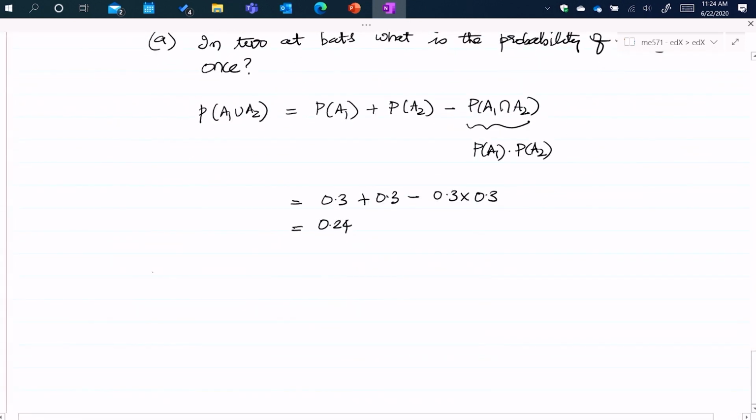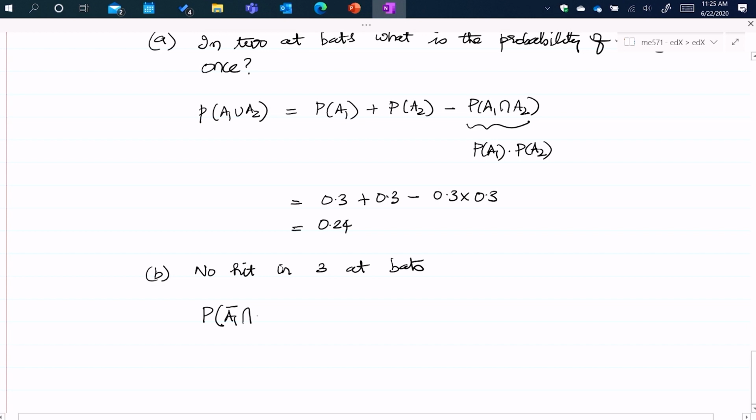So in question 2, what we seek is the probability of no hit in 3 at-bats. The way to mathematically state this is no hit in the first at-bat, which is A1 complement. A1 would be that he would hit in the first at-bat. A1 complement is that the player would not hit in the first.